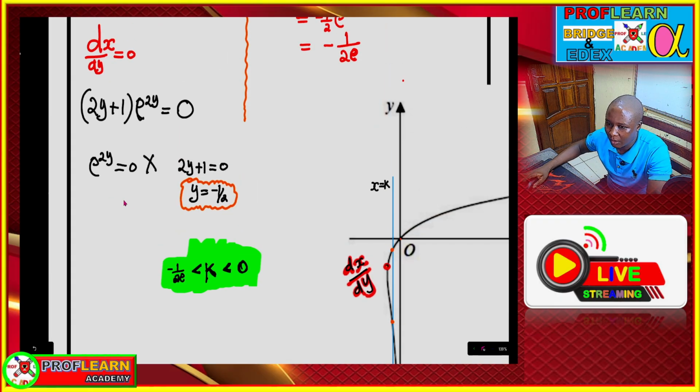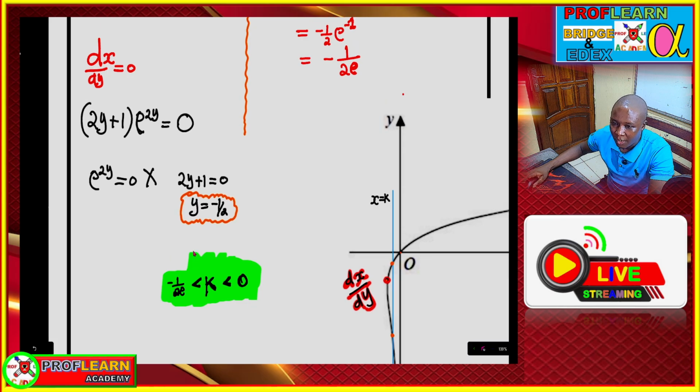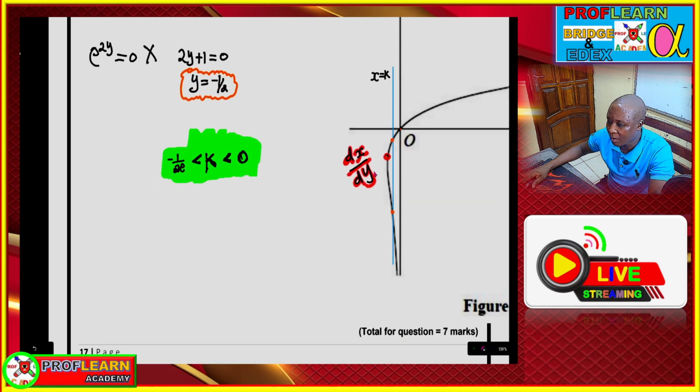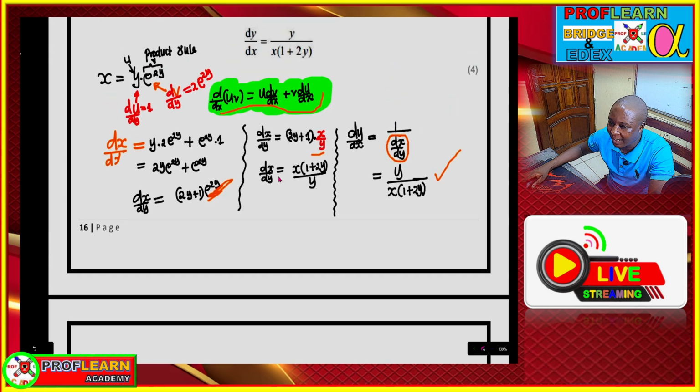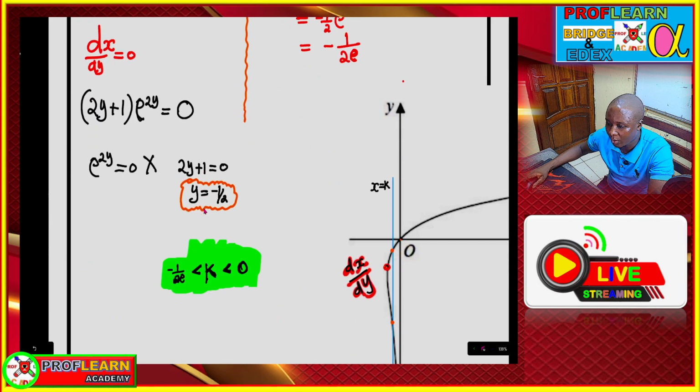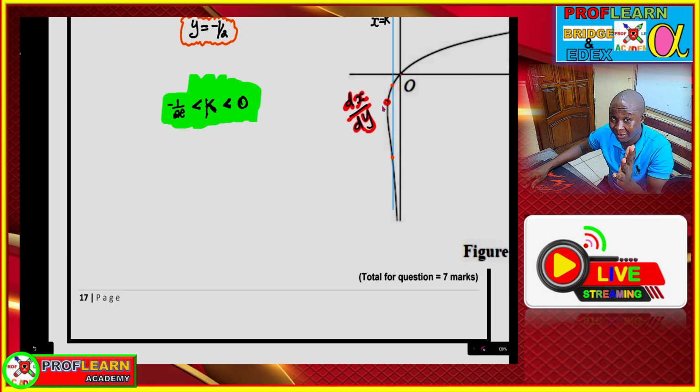So what I basically did in this question is work out dx/dy equals 0. At the turning point, dx/dy should be equal to 0. So I took the dx/dy that I had gotten here and equated it to 0. If this is a function and this is the turning point, then dx/dy is equal to 0.